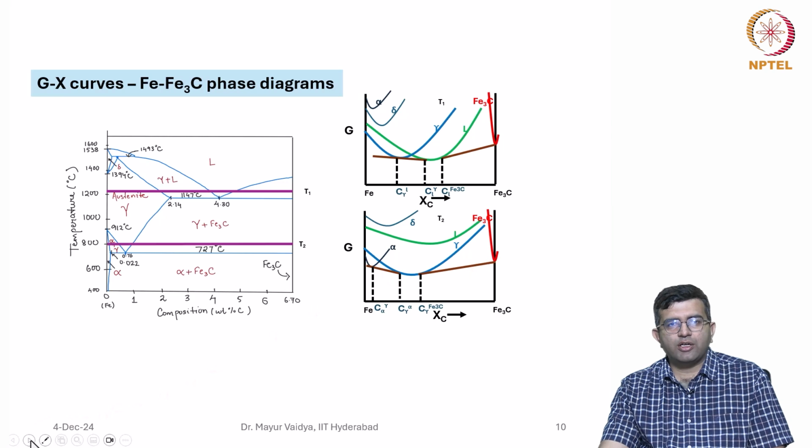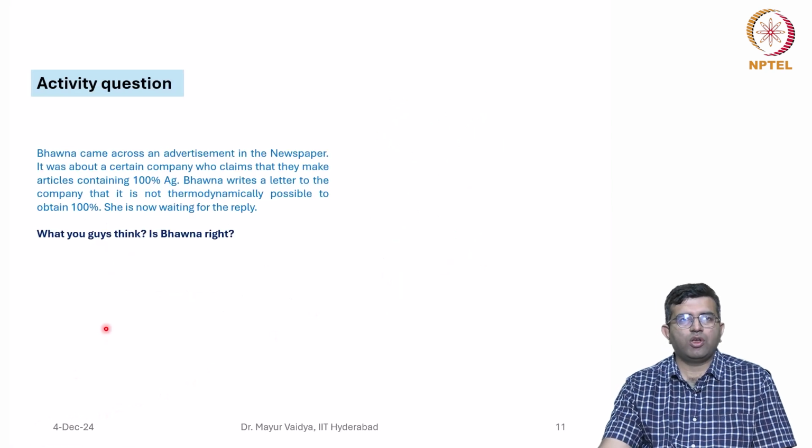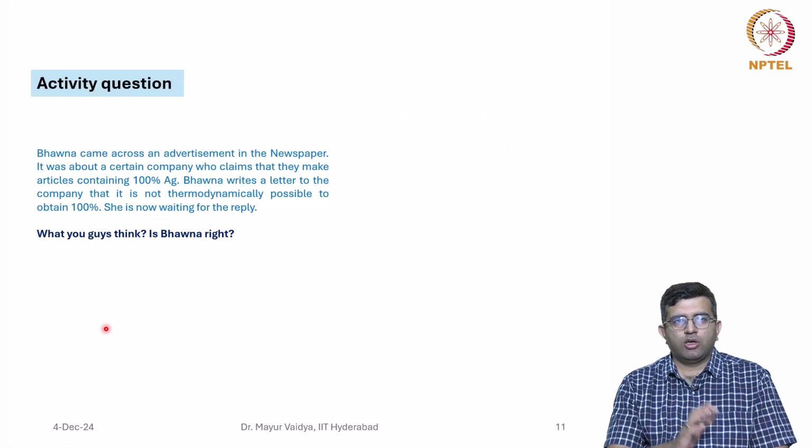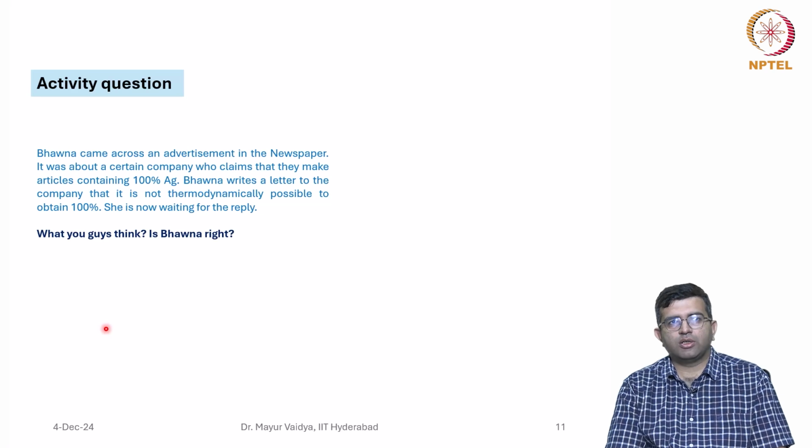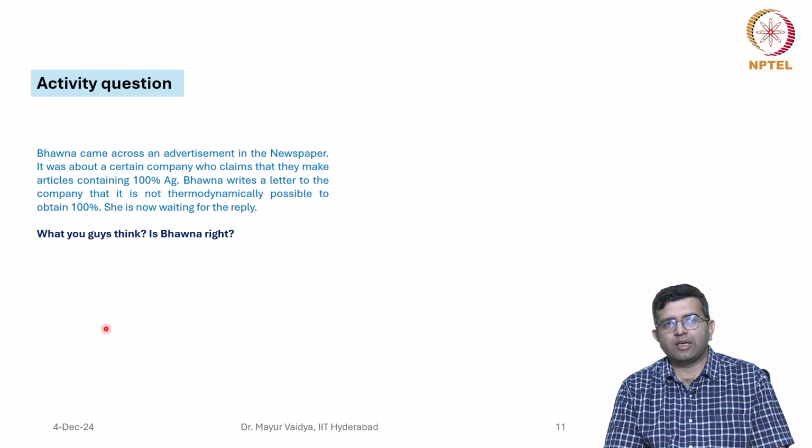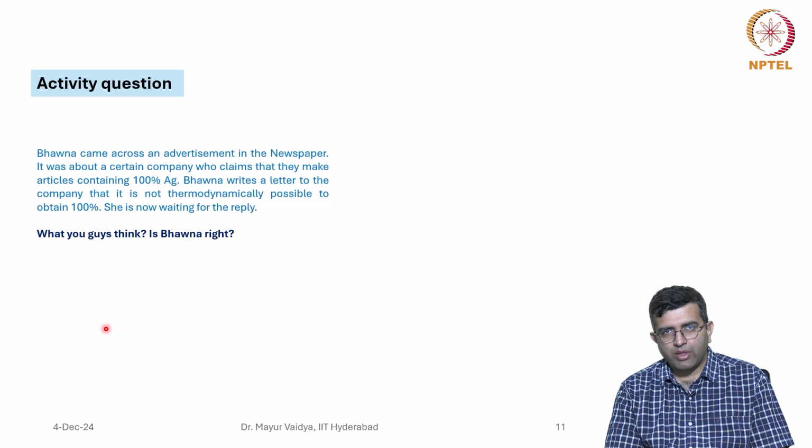Now, before we end today's lecture, here's an interesting activity question for you. Let's say Bhavna came across an advertisement in a newspaper about a certain company that claims they make articles containing 100% silver.